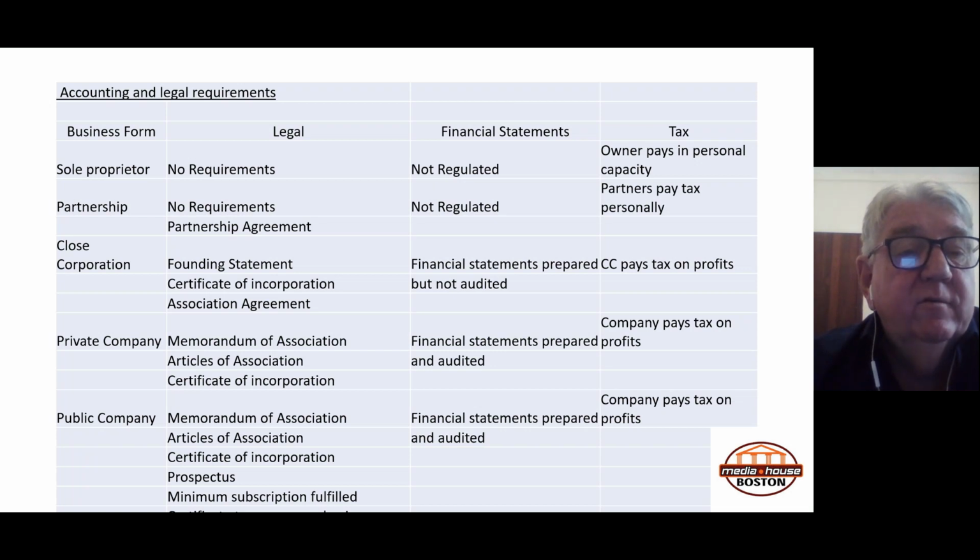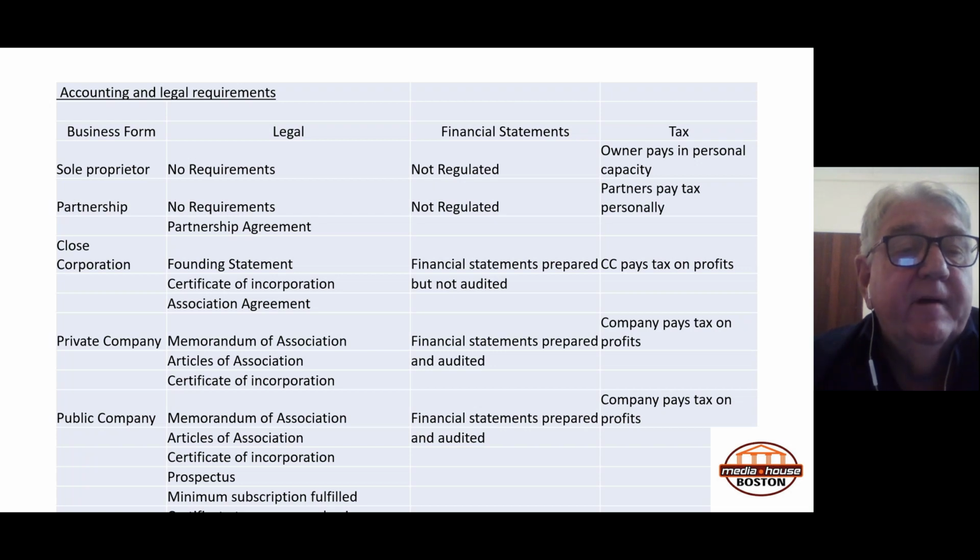Okay, if we then go to closed corporation, there are some legal requirements. For these companies, you cannot register one anymore, but when you could register, you register it with the CIPC. It's the Company Intellectual Properties Commission, so you register with them.